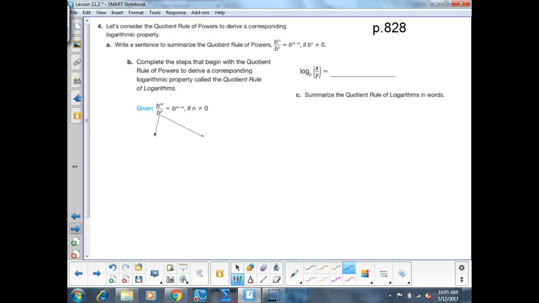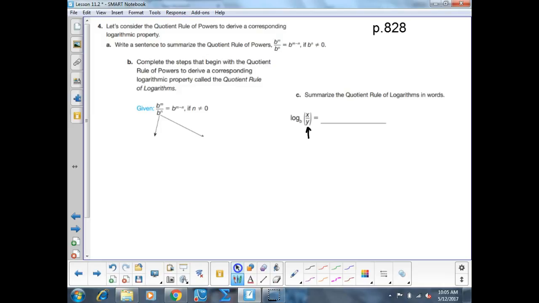So on this next one, if I switch from multiplication now to division, I should switch from adding the two logs to subtracting them.